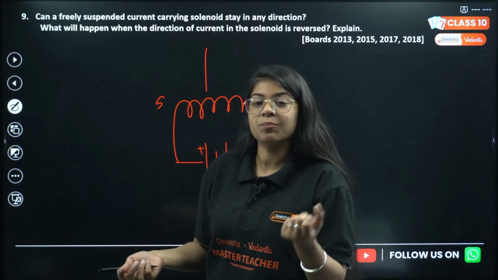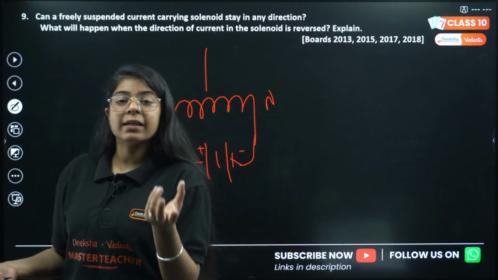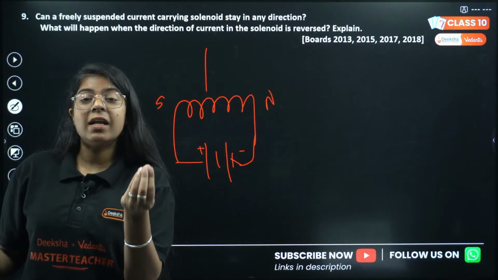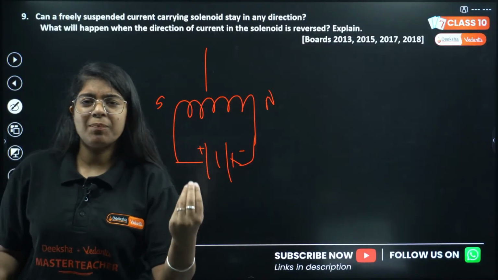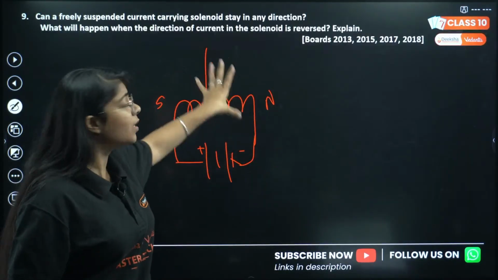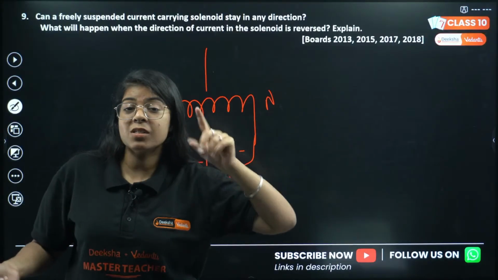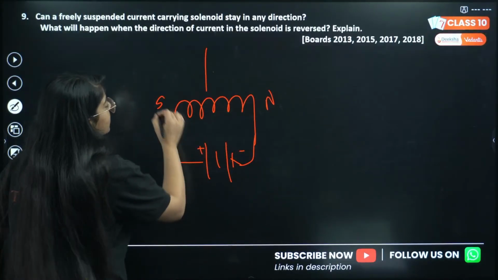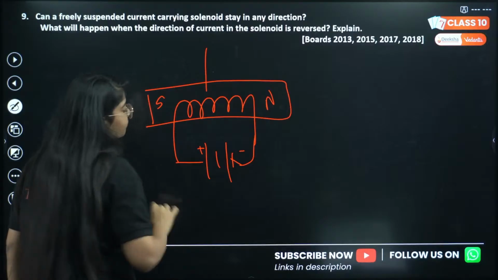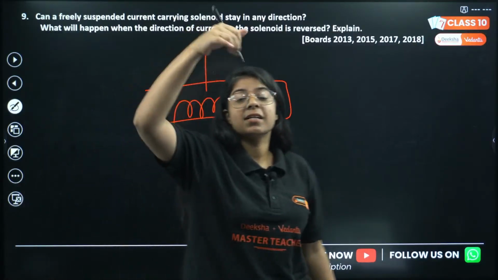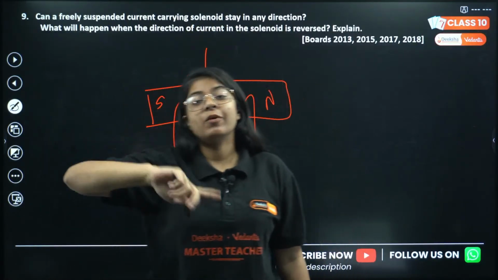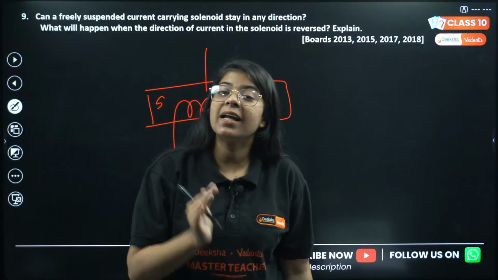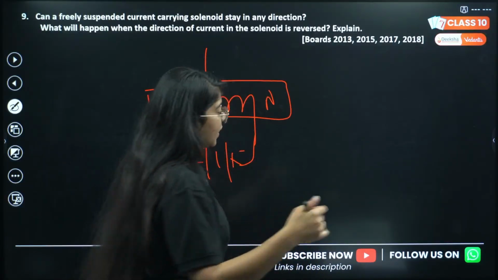Nothing is holding it. So that compass needle closely resembles this freely suspended solenoid, because this is also a magnet now. And since it is suspended with a rope, it will align itself in the direction of the magnetic field, correct?